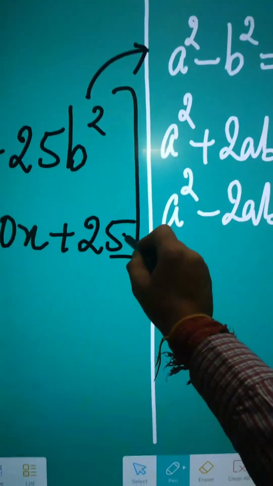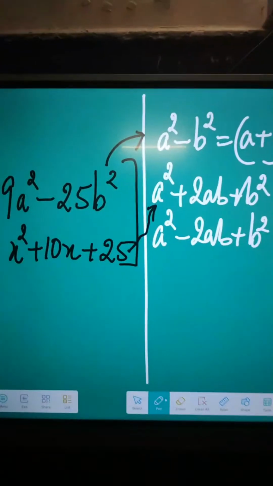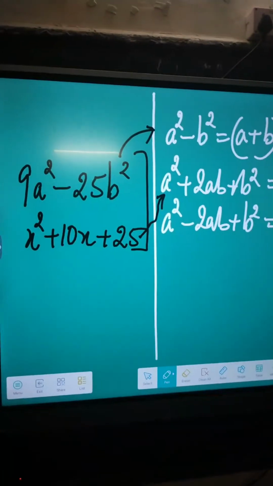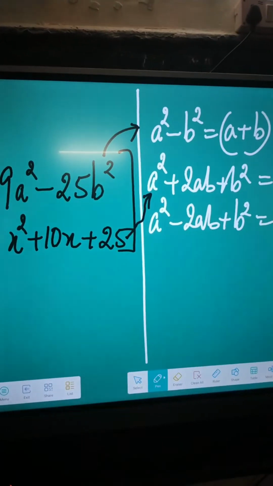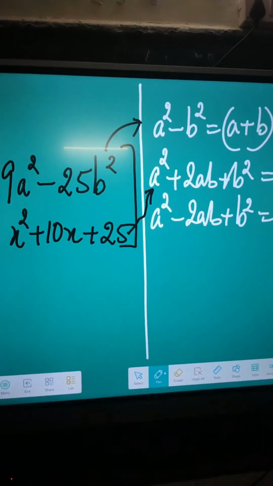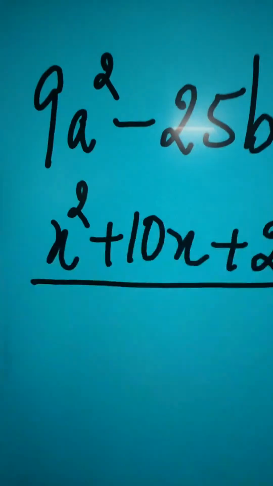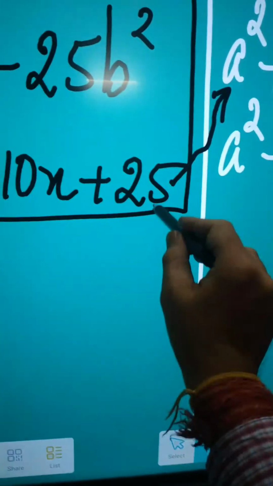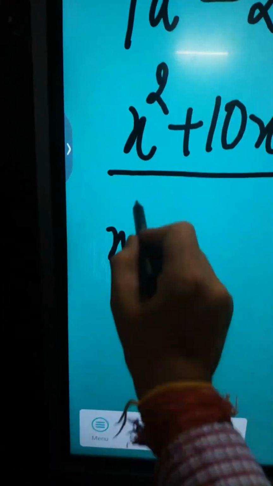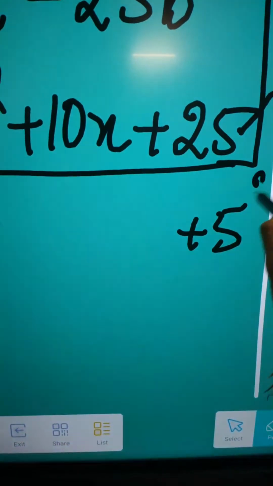So this question matches this: 9a square minus 25b square, and x square plus 10x plus 25 matches the second one. So I am explaining how you will solve this. This question is having x square and 5 square, so I will write it as x square plus 5 square.